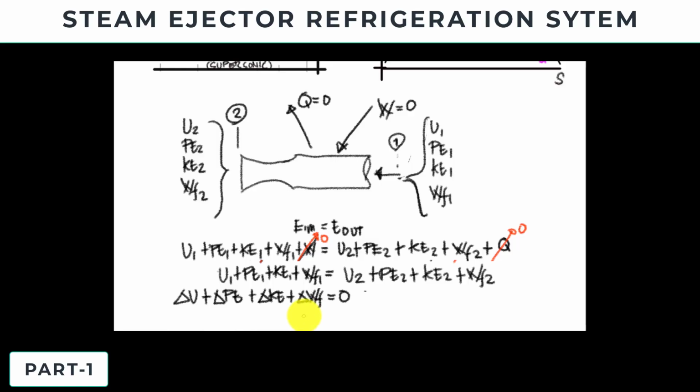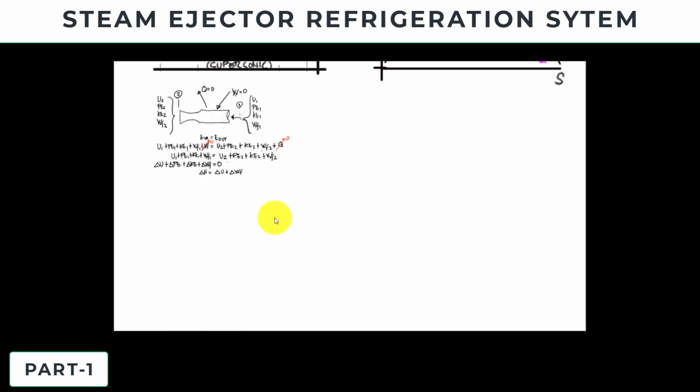Remembering that the change in enthalpy is equal to the change in internal energy plus your change in flow work, I can rewrite my equation as change in kinetic energy plus the change in enthalpy equals 0.